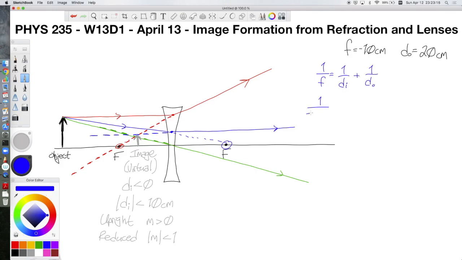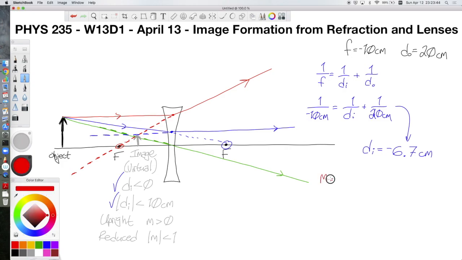So we take the 1 over negative 10 centimeters for our focal length equals 1 over our image distance plus 1 over our object distance of 20 centimeters. And from this, we can solve for our image distance and get a value of, turns out again, negative 6.7 centimeters. An image distance which is negative and has a magnitude smaller than 10 centimeters.